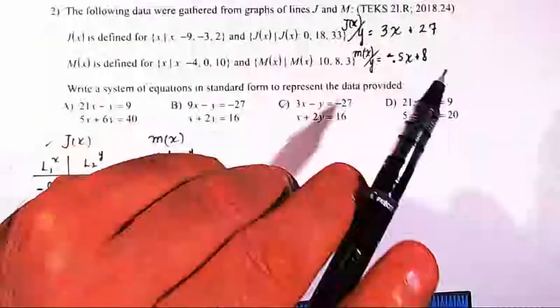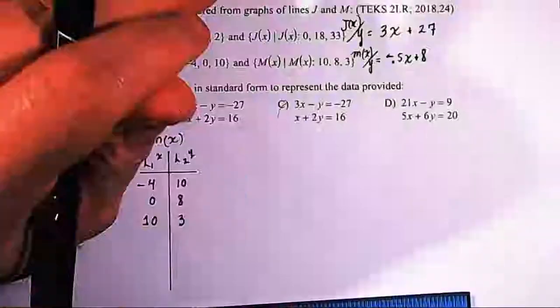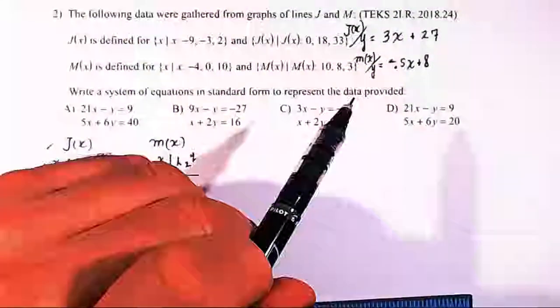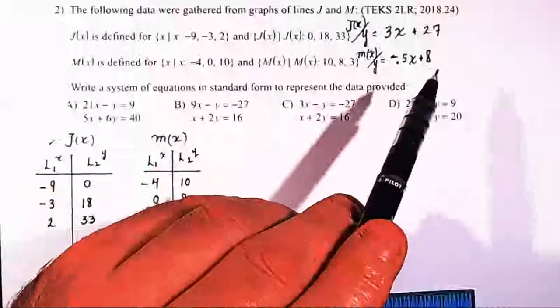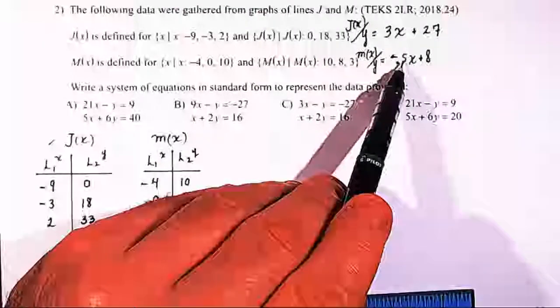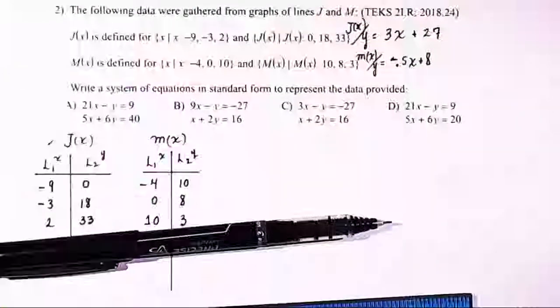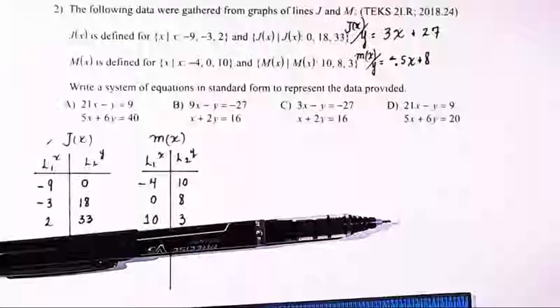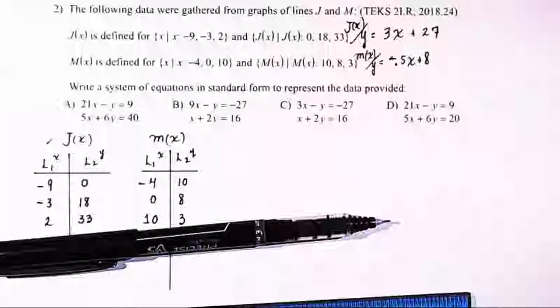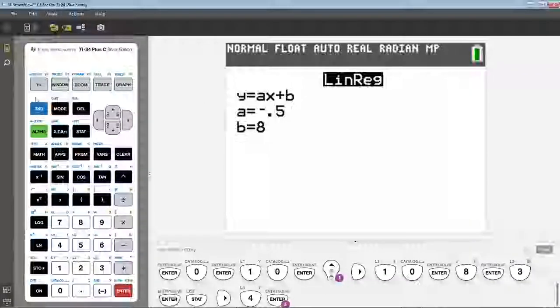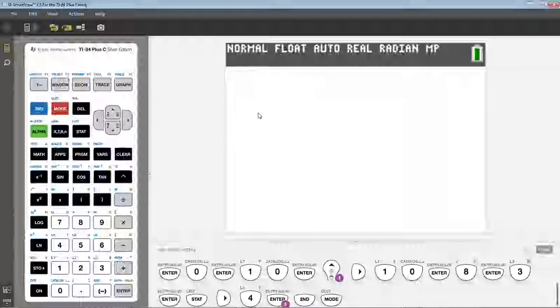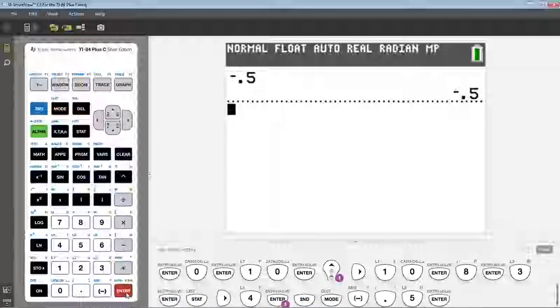It's going to be beneficial to us as we work with these problems to convert them from slope-intercept to standard form if we write this decimal, -0.5, as a fraction. Now, this one is pretty simple, but if you didn't know what to do, you could go back to your calculator. I'll show this really quickly. Click second quit, get back here, and type in -0.5, and then enter.